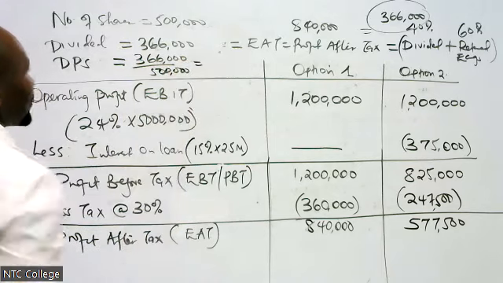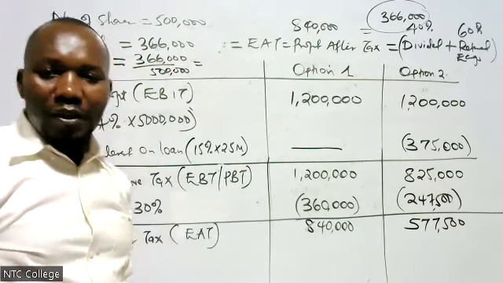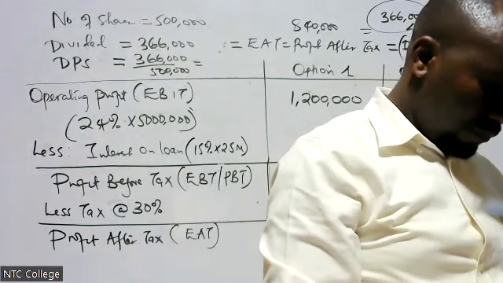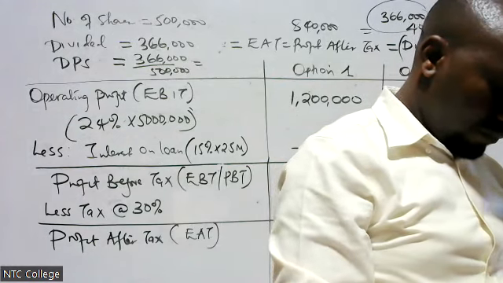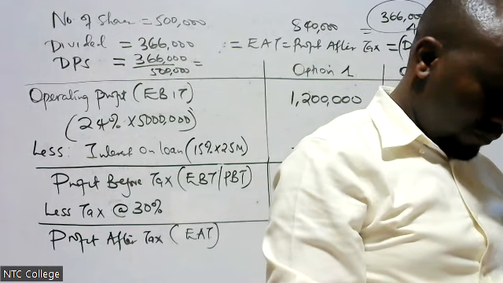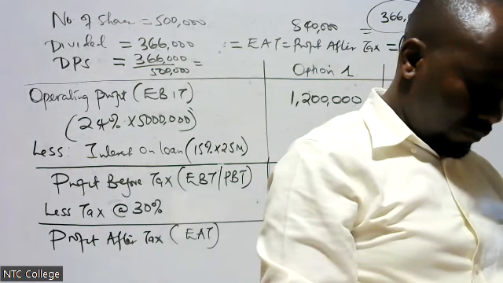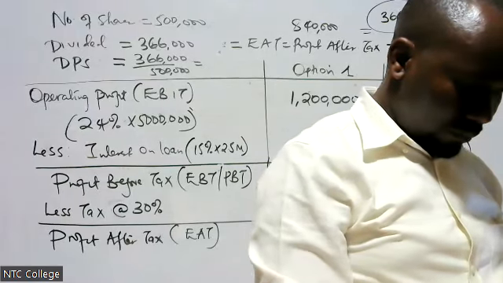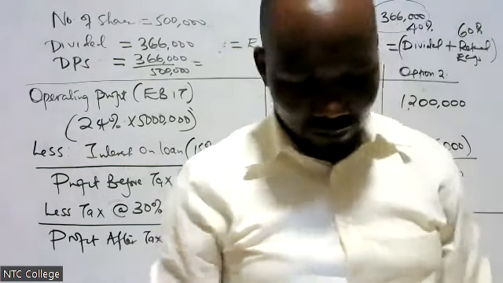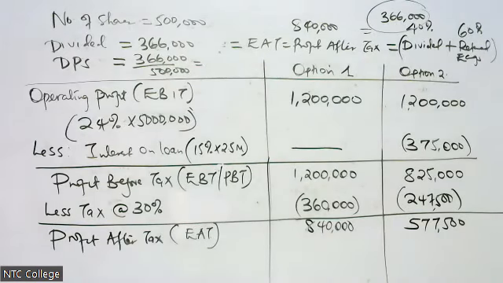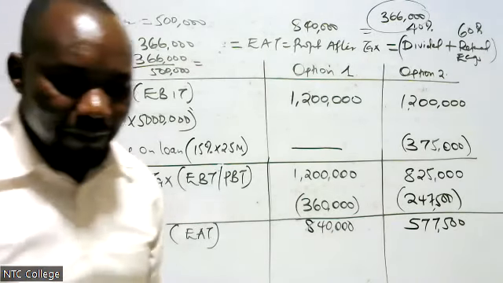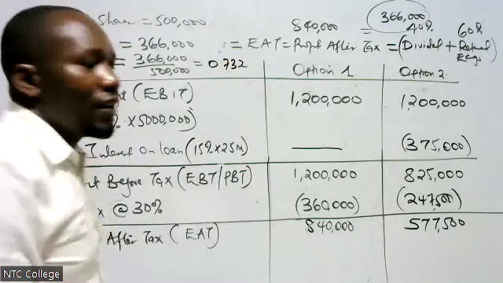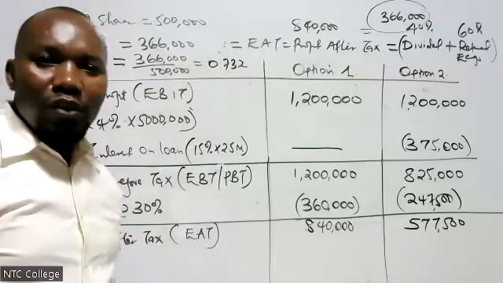How much is the dividend per share? Zero point 67. True.